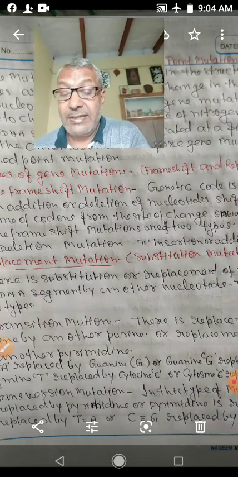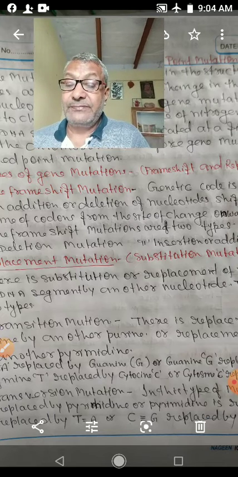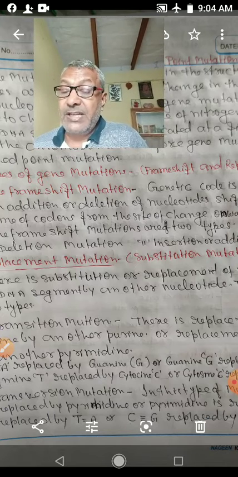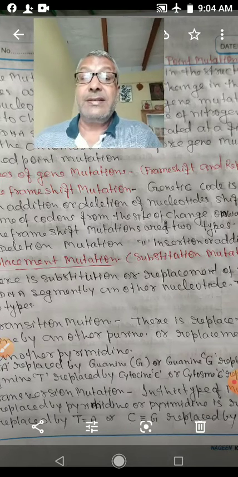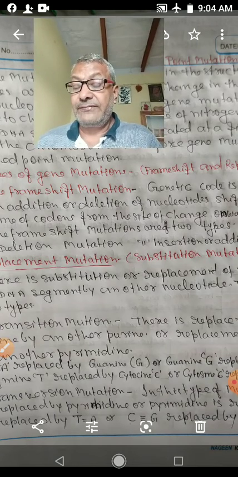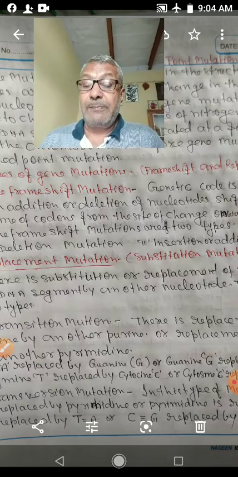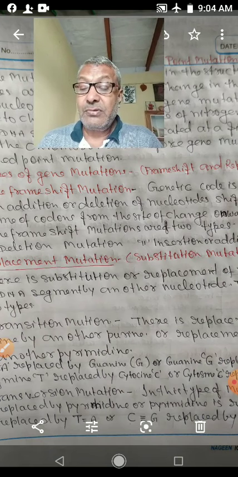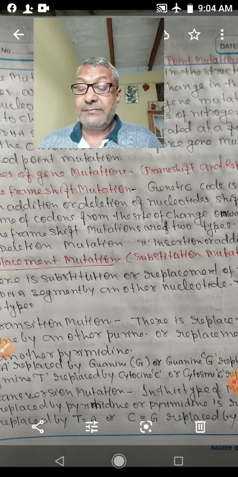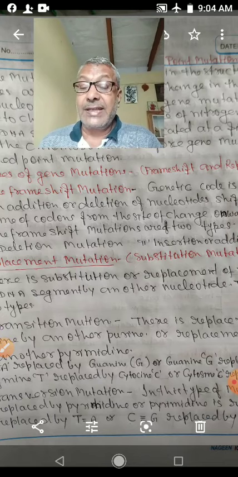Next is replacement mutation. Replacement mutation is also known as substitution mutation. There is substitution or replacement of a nucleotide of the DNA segment by another nucleotide.